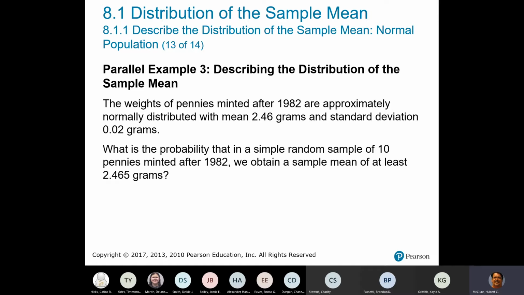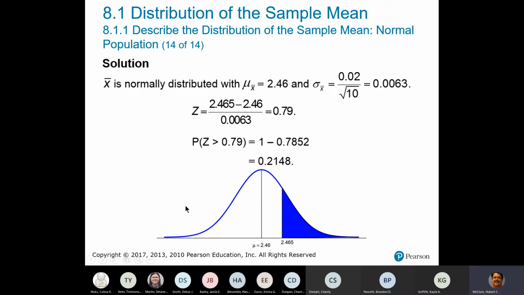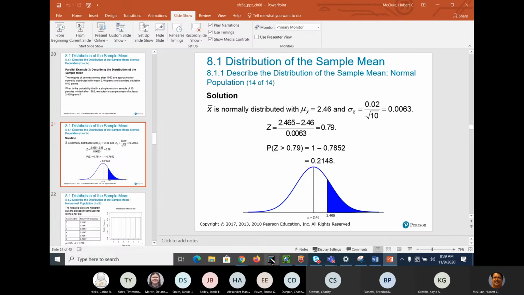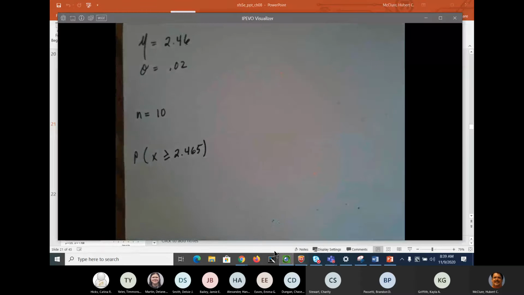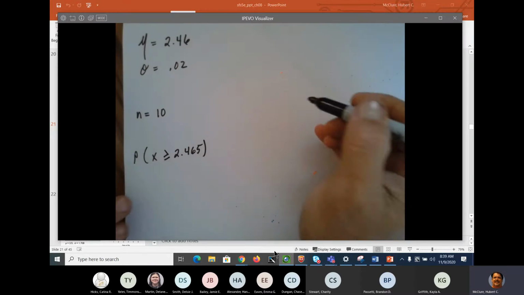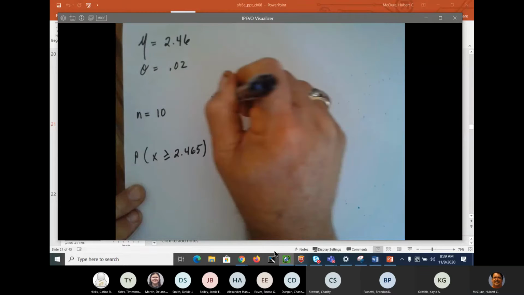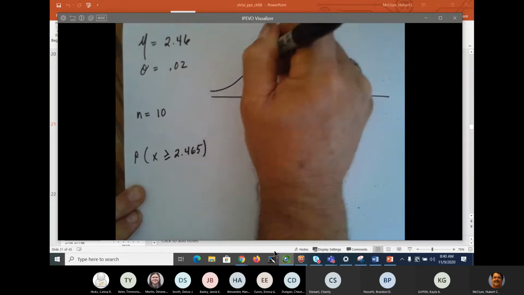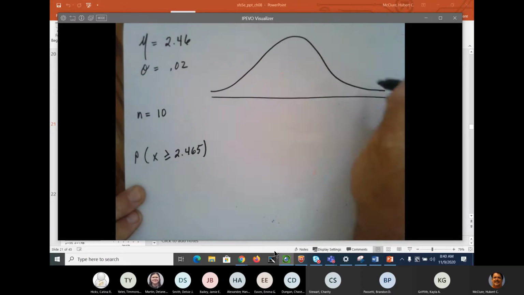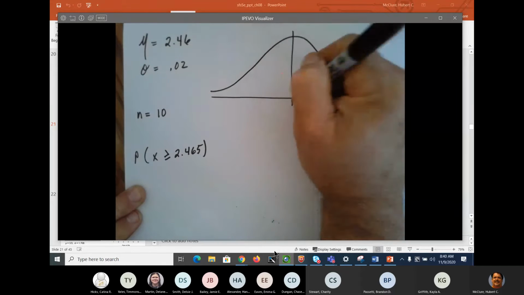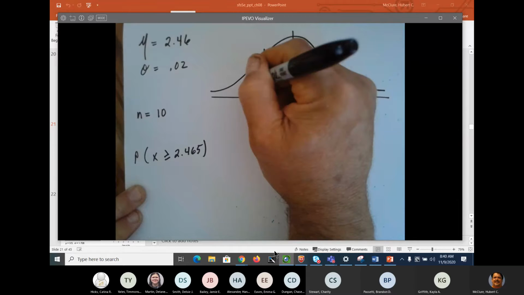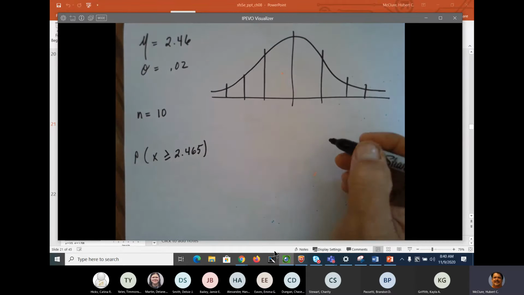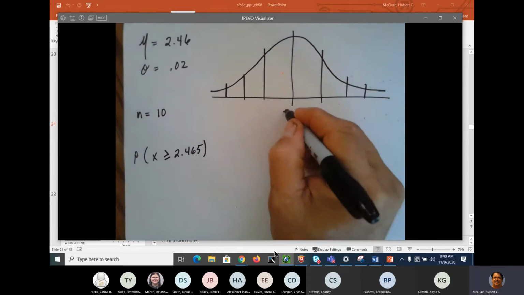And nothing. Okay. So if I take this, and that's what they're doing right here, let me go back and pull up my handy dandy. So here is my drawing. My mean is 2.46.